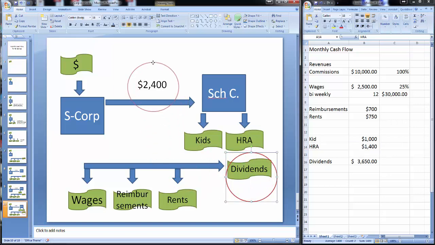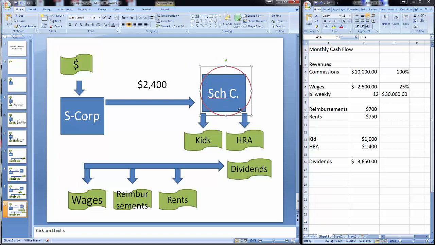Now let's talk about this $2,400. The S corporation needs to write a check for $2,400 to the Schedule C, right? What does this look like? Well, the Schedule C needs to have its own business. It needs to have its own bank account. It should be licensed in the city that you're in. What is it going to do?